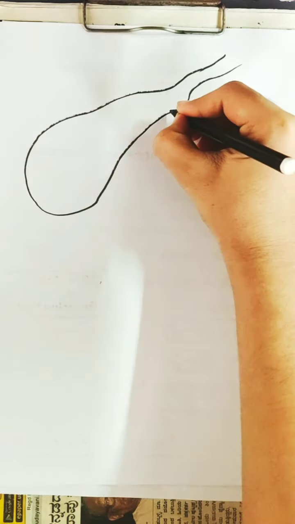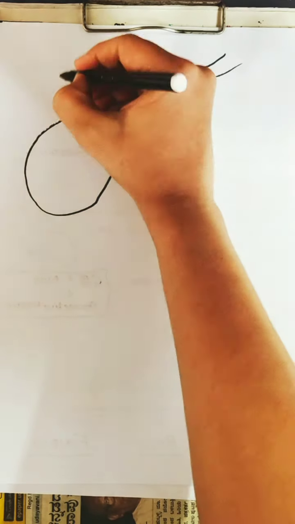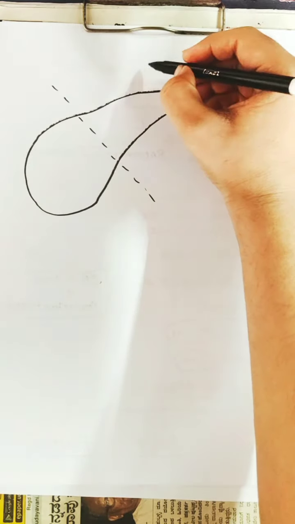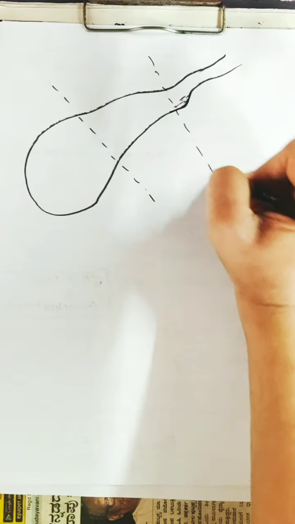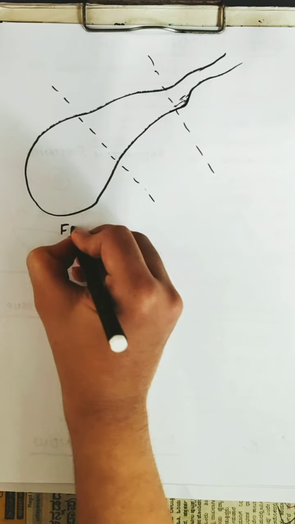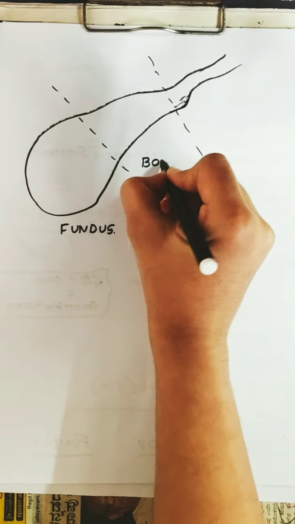Okay, this is a rough diagram of the gallbladder. As I said, it is divided into 3 main parts. First one is the fundus. Next comes the body.